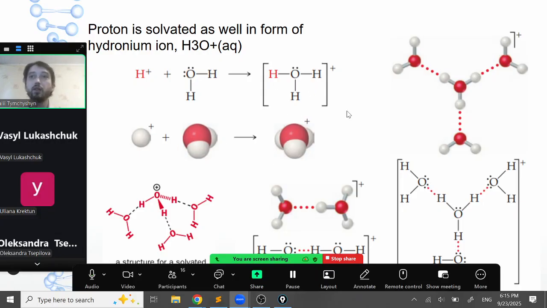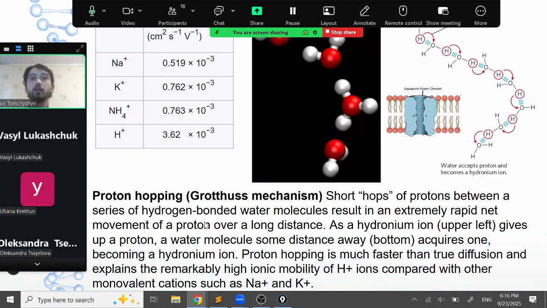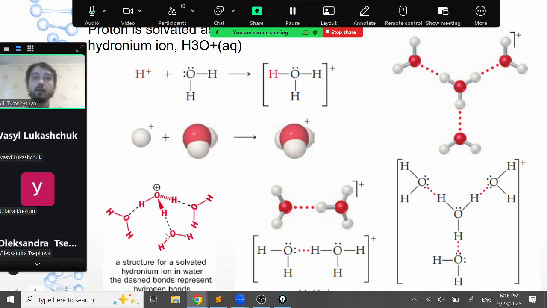At this point, nothing really special. Here are a few more structures for solvated hydronium ions, and the dashes represent hydrogen bonds. So these are just a few examples.